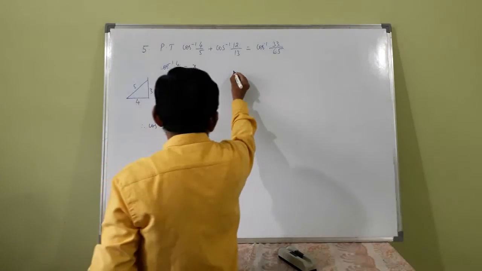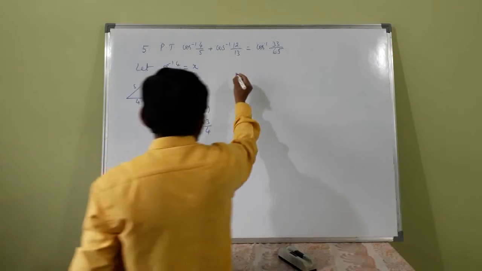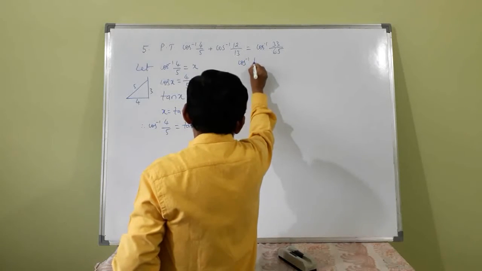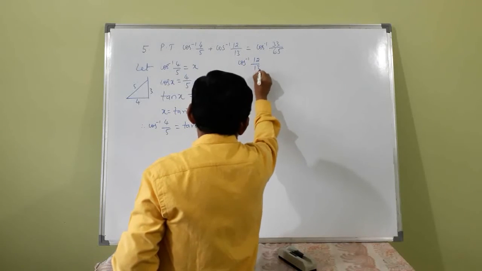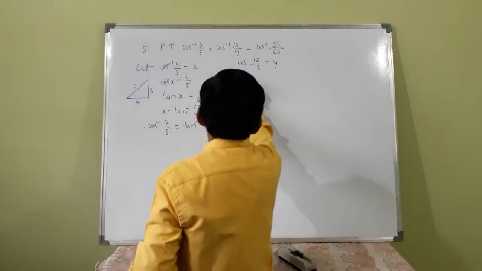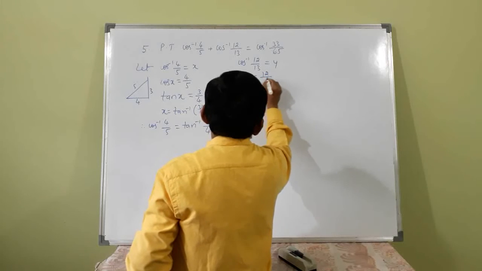Next, let cos inverse of 12 by 13 be equal to y. Then cos y is equal to 12 by 13.